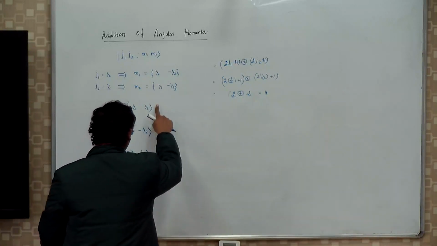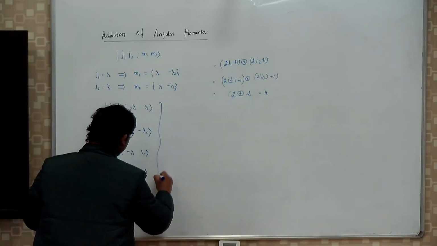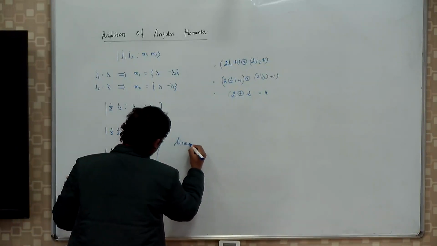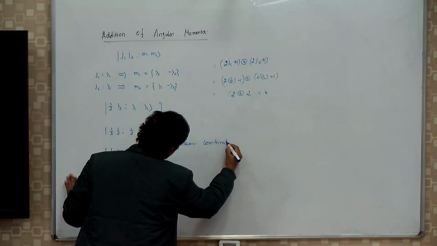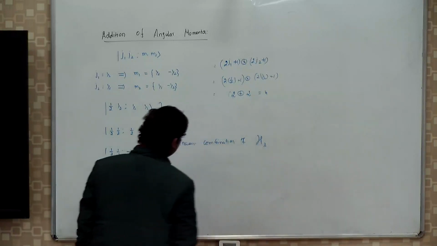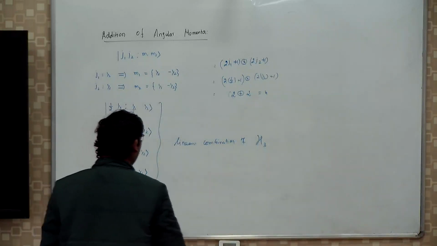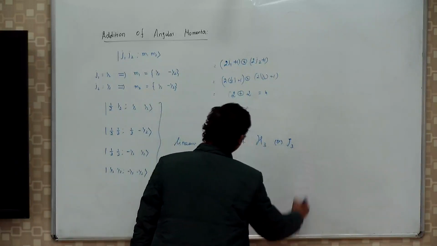These 4 state vectors are a linear combination of the Hilbert space H3, or you can write it as the J3 system.